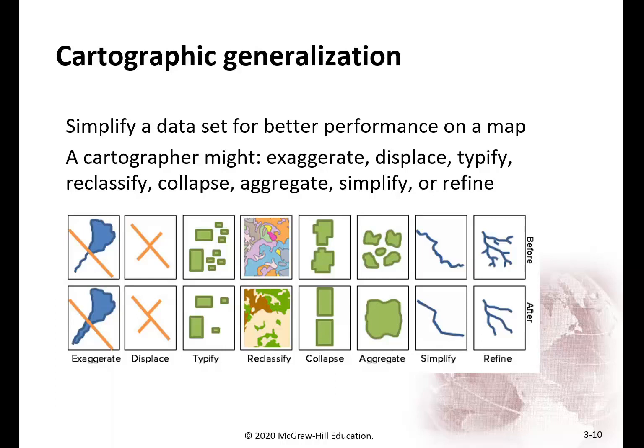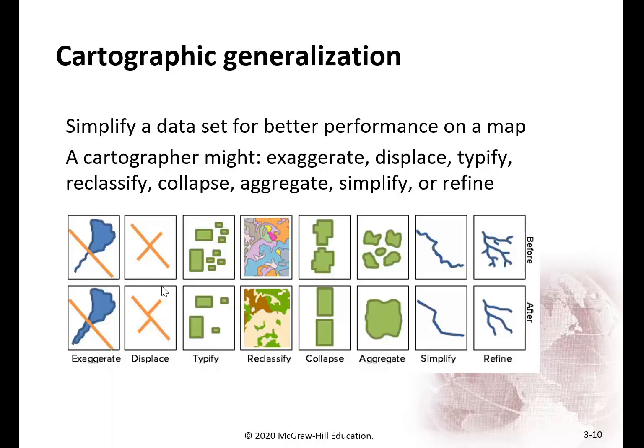So for the example provided here, if we move a road to avoid the appearance of an intersection with another road, this will make it clear that these are two separate roads and not a single intersection. Typifying features means that we are using a representation rather than the actual location of that feature. So for example, we can replace the specific point markers for actual homes with a smaller number of fake points representing scattered housing.